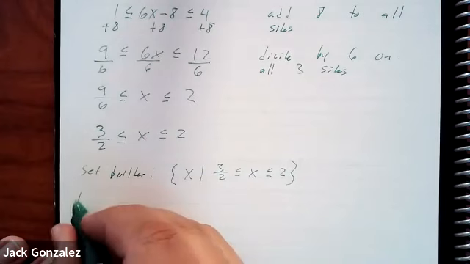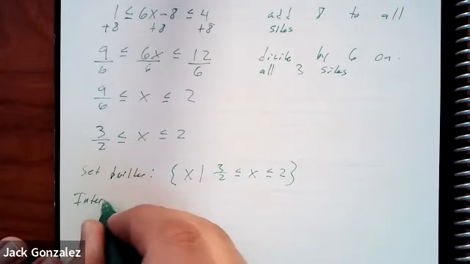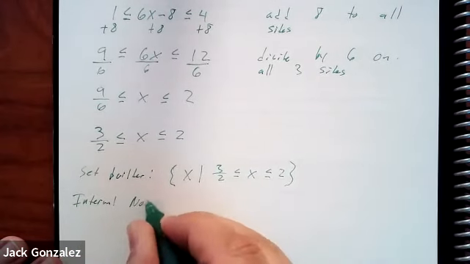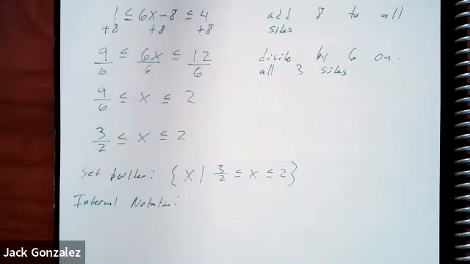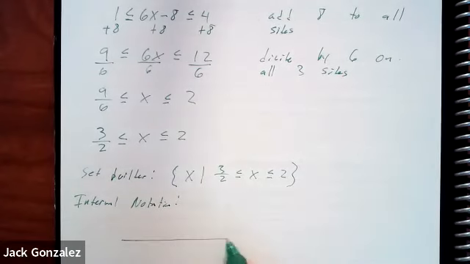So how would you write it as an interval? Essentially, draw a number line. Do you want to do the graph first? Yes, the graph is good.